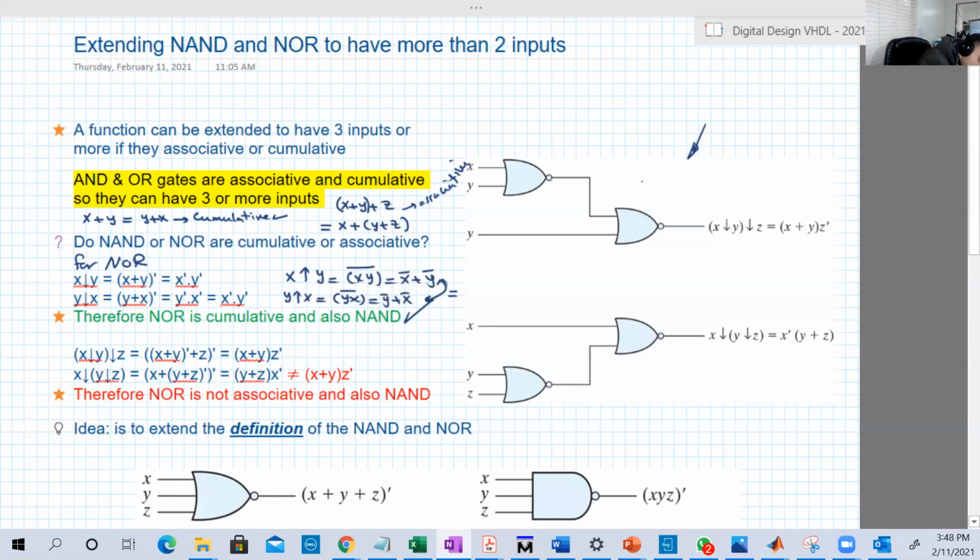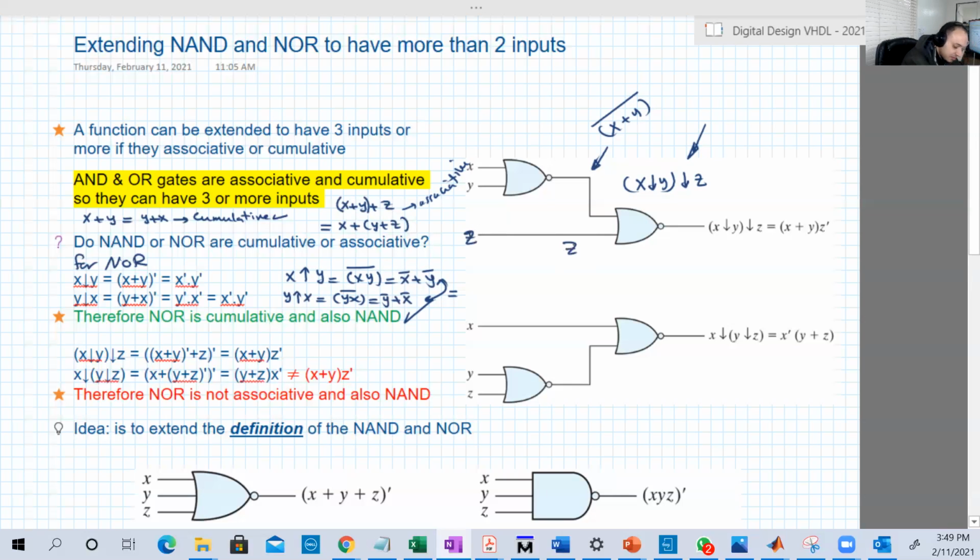This is X NOR Y, then NOR Z. We will do X NOR Y first, which gives us the complement of X or Y. Here is Z. This is a typo in the book.